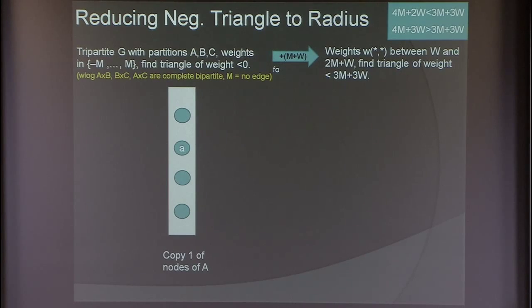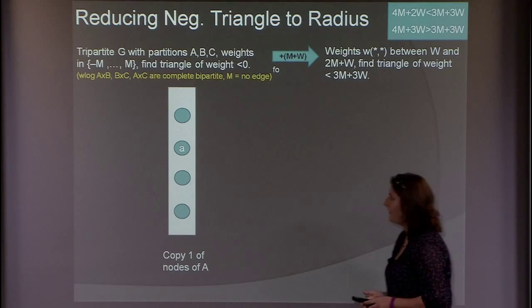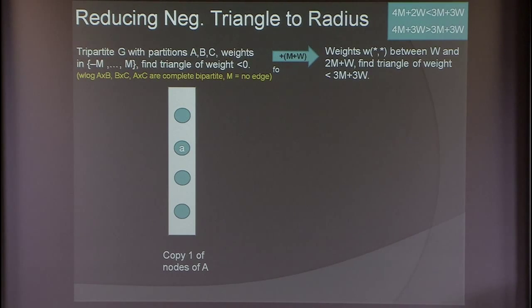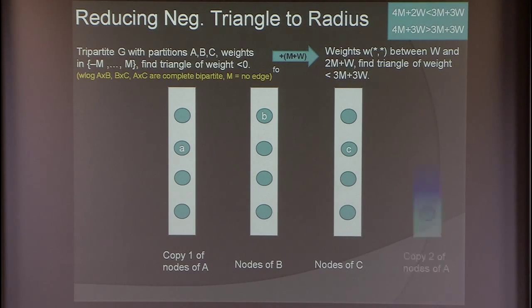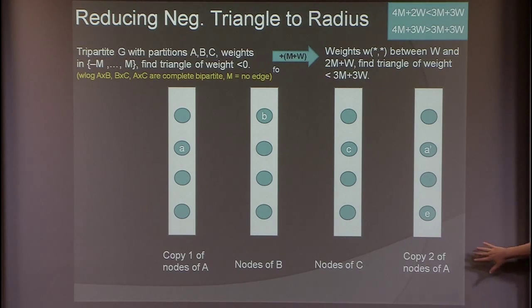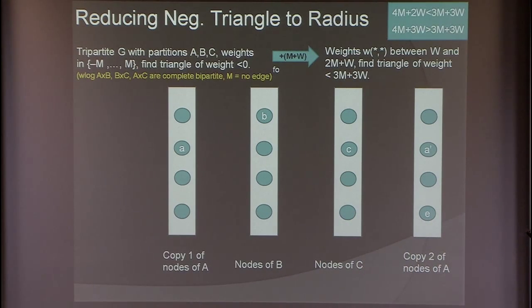Okay, so now what we'll do is we're going to take the negative triangle instance, and we'll create a graph out of it that will have 4 layers. So the original graph had partitions A, B, and C, and now we have a layer that has a copy of all the nodes of A. Then we have a layer with a copy of all the nodes of B, a copy of all the nodes of C, and a second copy of all the nodes of A. So we have B and C appearing here, but A got split into 2 pieces.